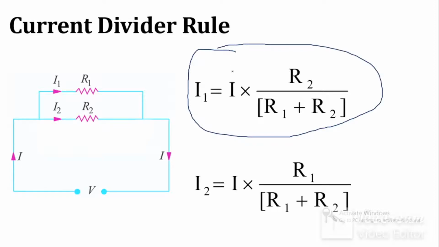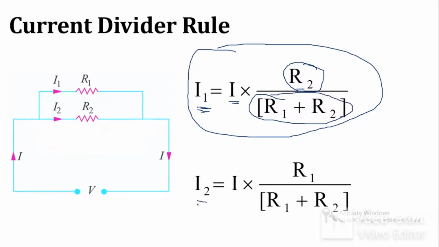So how can we remember this formula? If I want to find out the value of I1, that is the current from resistance R1, then I1 is equal to the total current I multiplied by the resistance that is in parallel with R1. If I want to find out the current I1, I have to multiply I with R2, which is parallel to R1, and in the denominator I have to add all the resistances, R1 plus R2.